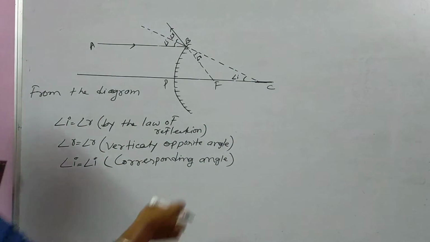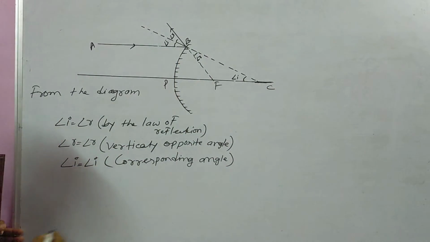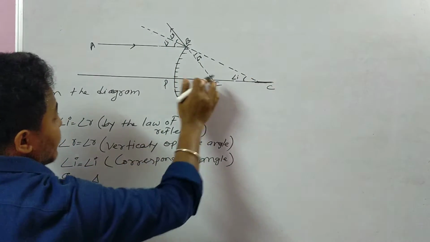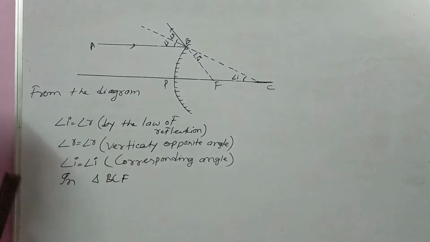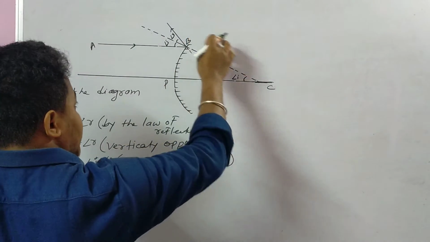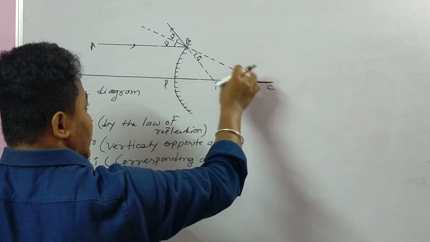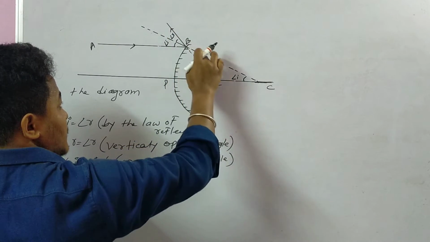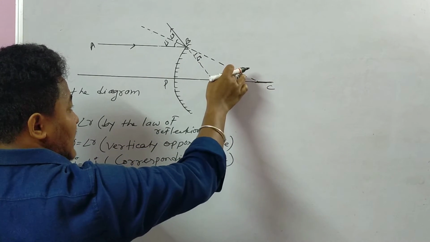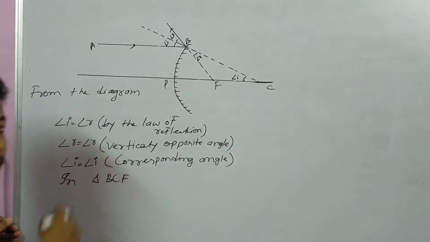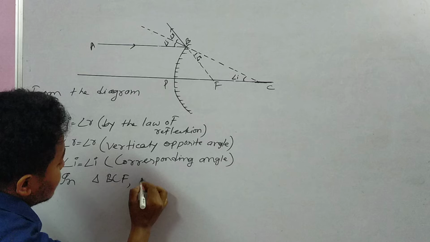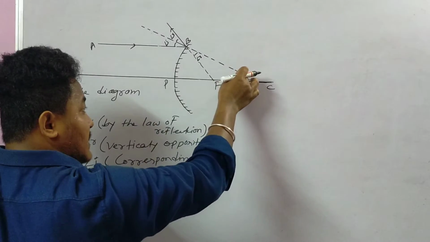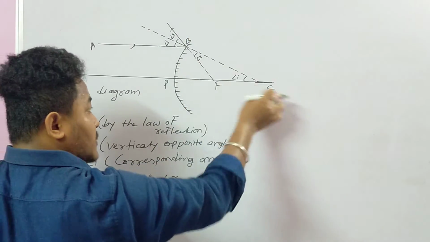Now we can see a triangle. This is triangle BCF. In triangle BCF, angle I is equal to angle R. If angle I is equal to angle R, FB will be equal to CF.